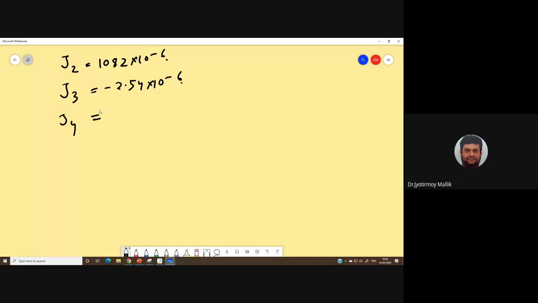And J4 is equal to minus 1.59 into 10 to the power minus 6. Now let's try to understand what it means. We said J2 is equal to C minus A by E R square.